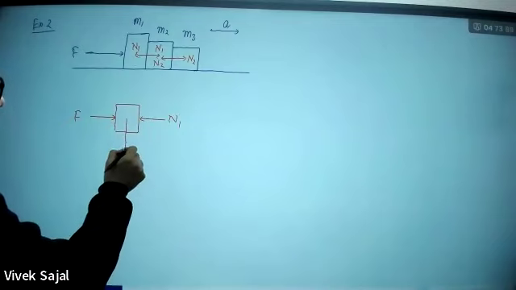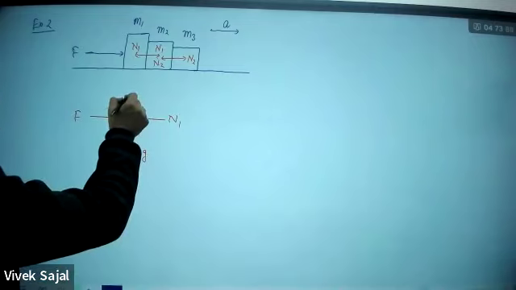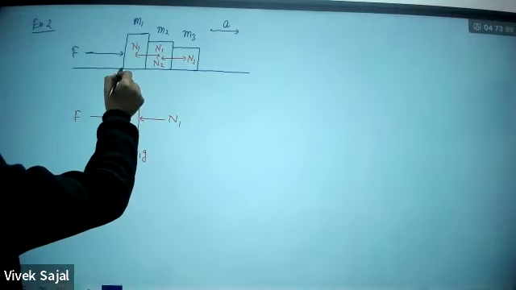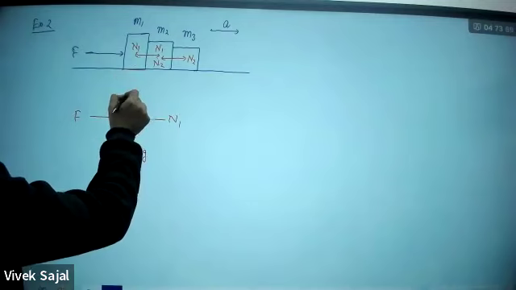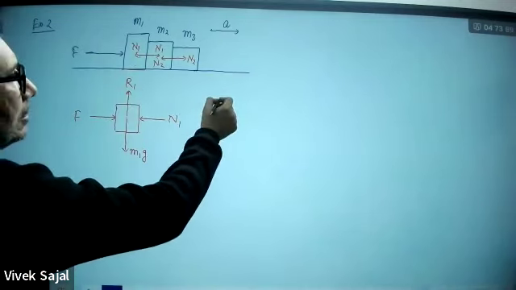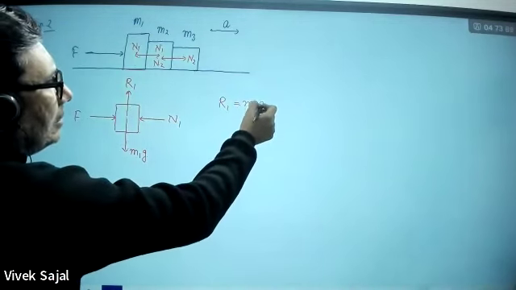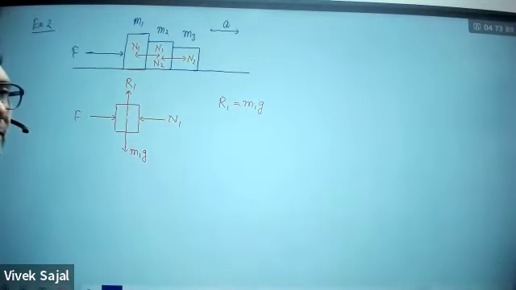Its weight, m1g, is acting downward, and there is a normal reaction here, since this surface is in contact with the ground, so this will be R1. R1 is going to balance this m1g here. We are not interested right now in this.